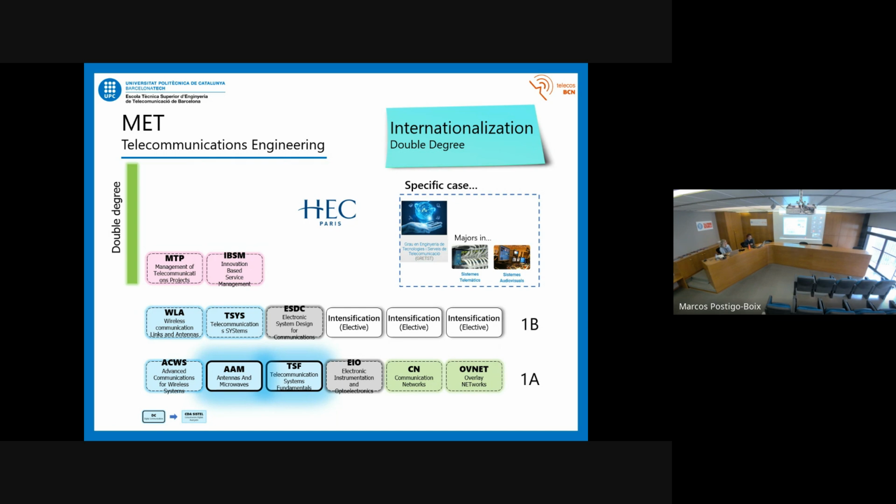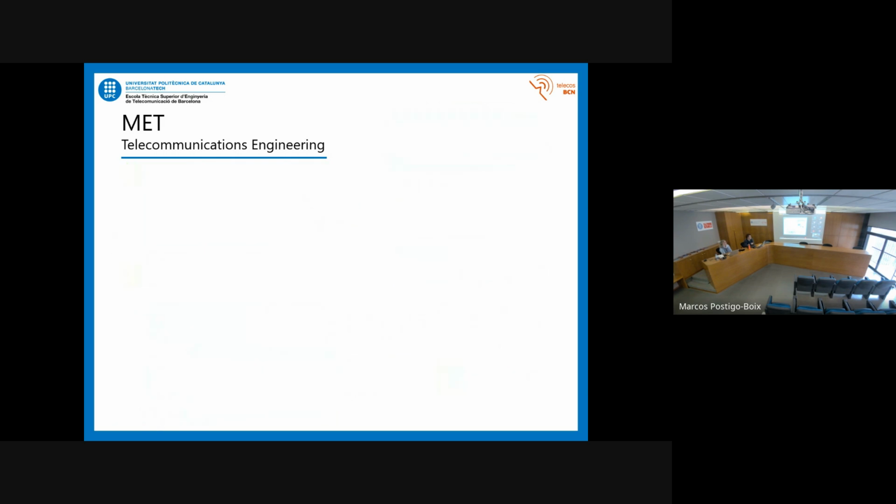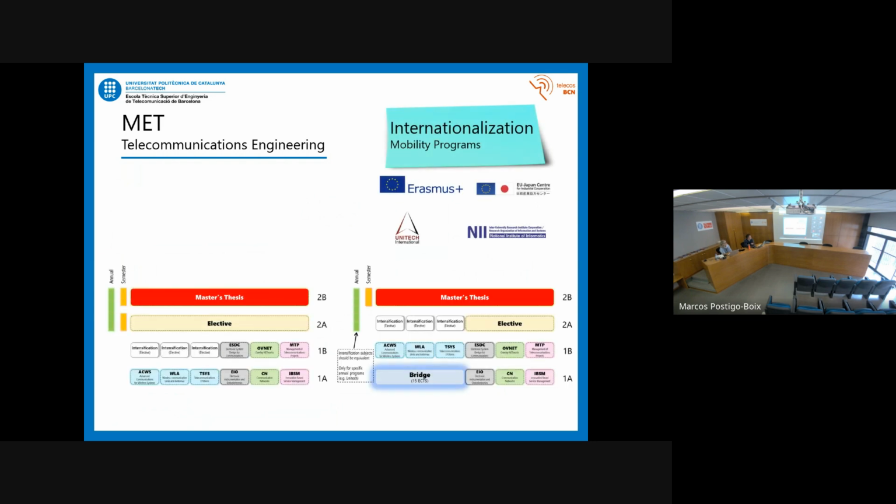Okay. You also, yes, and basically this is the difference. Also, you can go on mobility programs, and in this case, the mobility programs are for one semester or for 1 year. Okay, so you go outside for 1 semester or for 1 year, depending on the mobility program. And if you go for 1 year and you need to do some intensification subjects, you will need to recognize these intensification subjects in the host university.